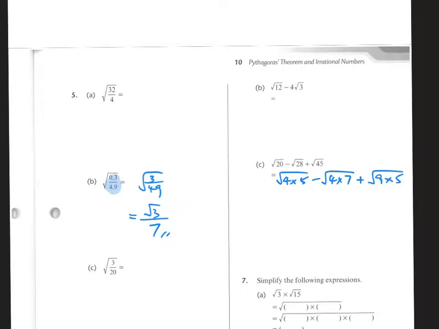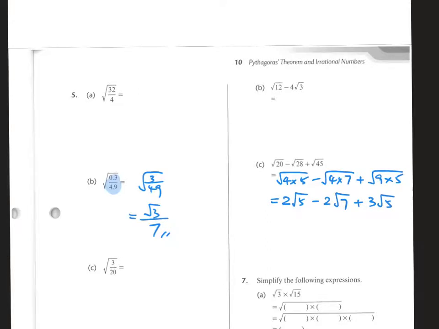By the rule in surd form, a product can be cut into two pieces: square root 4 is 2, square root 5 is still square root 5. Square root 4 is 2, square root 7 is the same, square root 9 is 3, then you have square root 5.